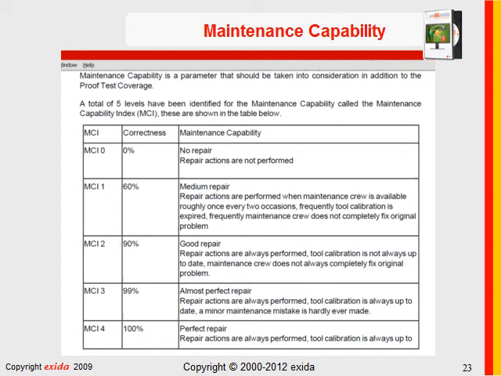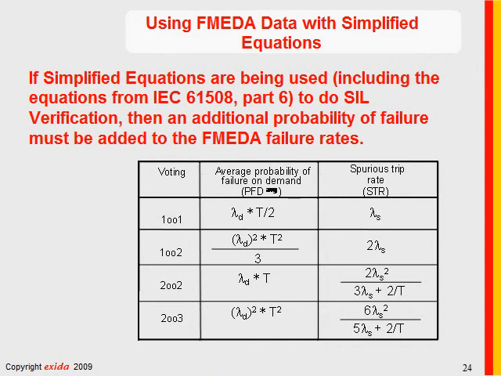This has an impact on probability. Maintenance capability has an impact on probability of failure, probability of repair, probability of achieving proof tests on schedule. There's a number of variables rather than just failure rate that are impacted by maintenance capability.